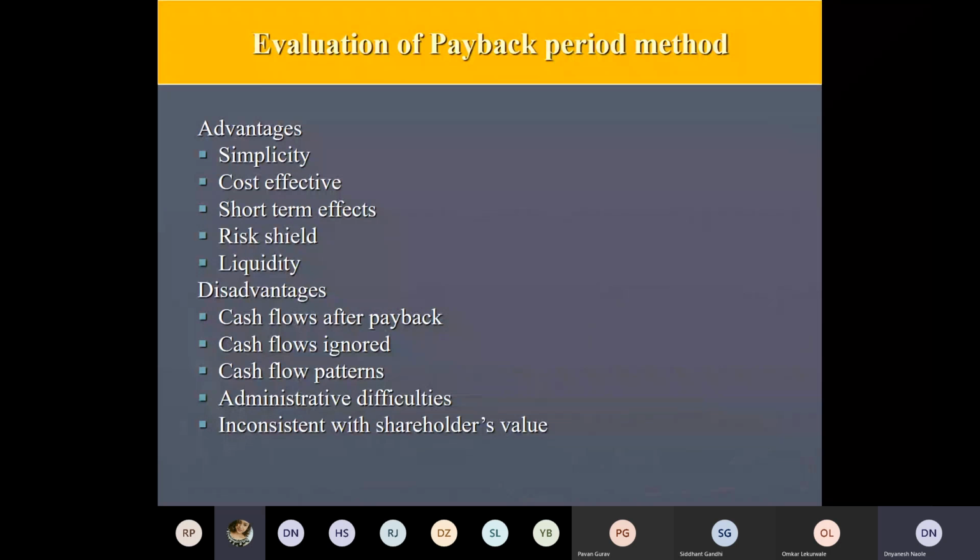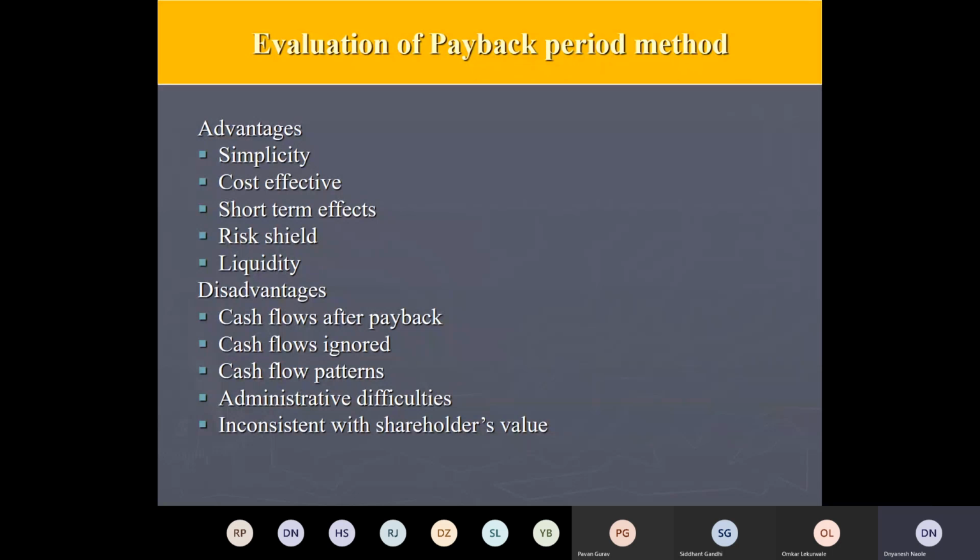Okay, because they ignore the timings of the cash flows. Okay, so that is not going to increase the shareholders' wealth. Okay, in the long term, it is not going to address that. Okay, so it is not consistent with the objective of shareholders' wealth maximization. Okay, so that is the last disadvantage.